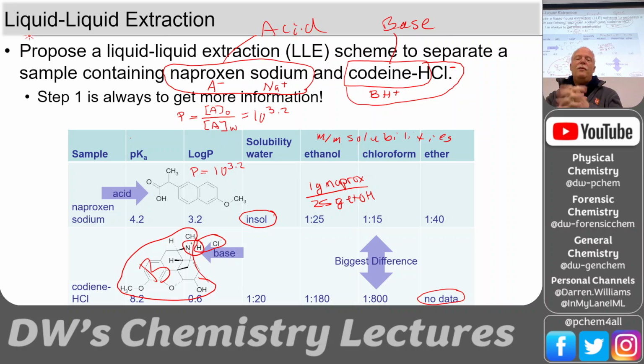To dissolve 1 gram of naproxen in chloroform, we only need 15 grams of chloroform. So you see it's much more soluble in chloroform. The bigger chloroform number means that's how much chloroform you need to get just 1 gram in solution. Whereas for naproxen, I only need 15 grams of chloroform, and then I can put a whole gram of naproxen in. So we'll pick chloroform for our organic layer, and then we'll adjust the pH on our aqueous layer.